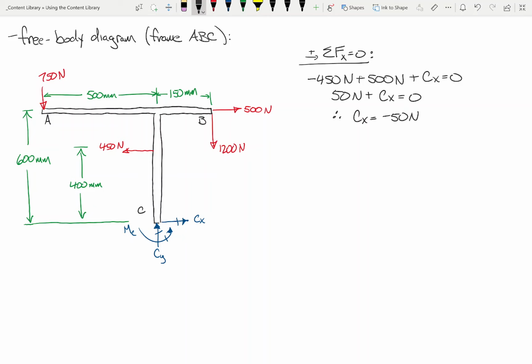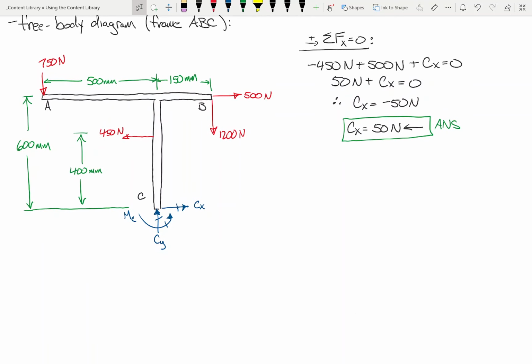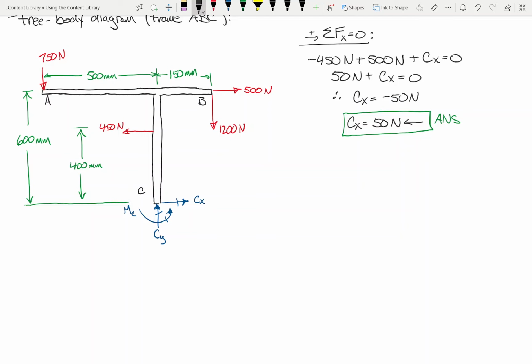So if you want to describe that, at least in terms of an answer, CX is a magnitude and a direction. And that's going to be one of our answers right there. So pretty simple. Hopefully that's sort of revealed here.